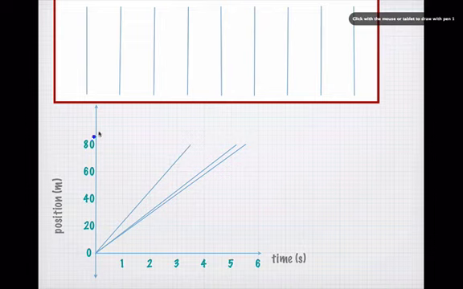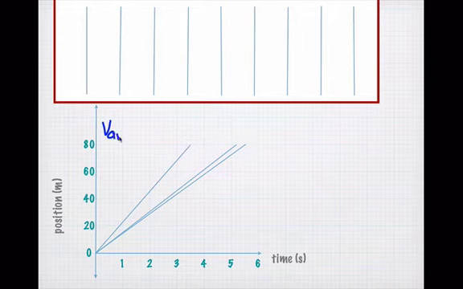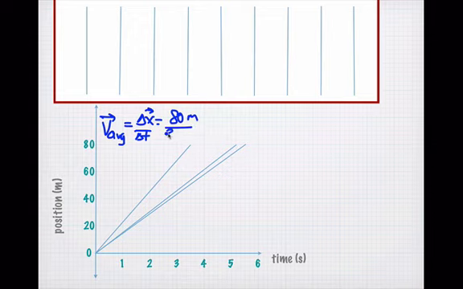So I could say V average for the blue car is delta x over delta t for the blue car, which was 80 meters over 3.5 seconds. And you can calculate what that would be. I could then look at the red car, which came in second, and V average for the red car is the same 80-meter displacement, same delta x, but the time was different.